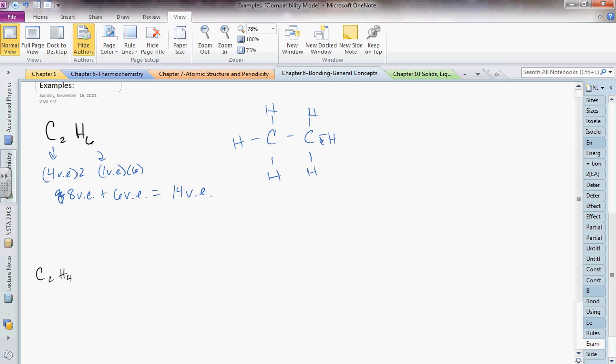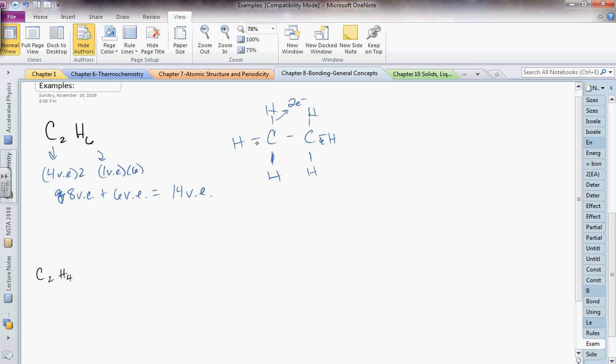Now we check to make sure everything has an octet. Remember that these lines between the atoms represent bonds, and as such the electrons are shared between them. So this bond counts for 2 electrons, and those 2 electrons can be said to be surrounding the hydrogen and surrounding the carbon. So any electrons in a bond count for both atoms.